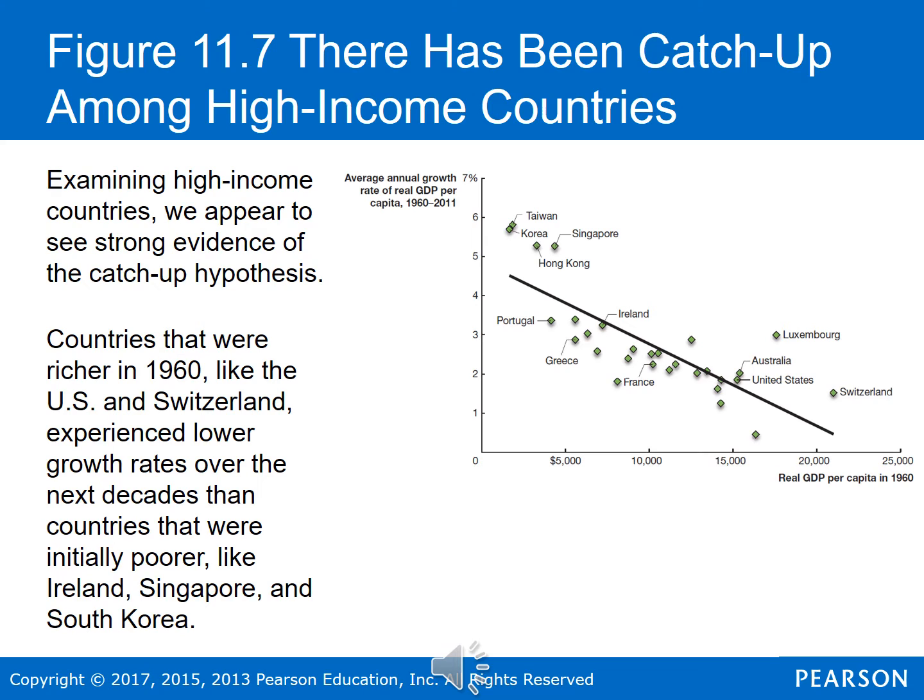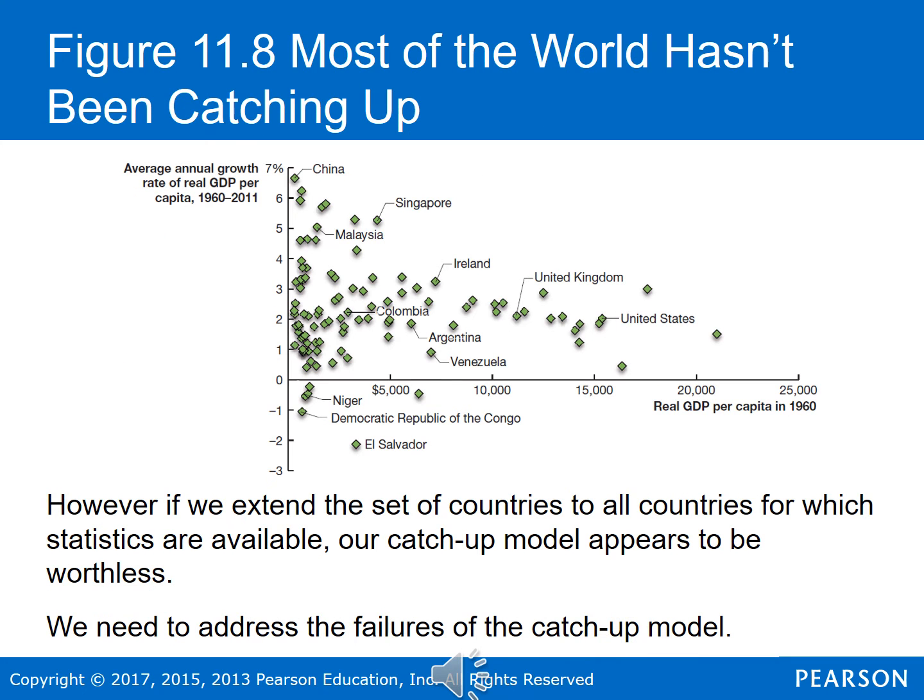And countries like Switzerland, New Zealand, and the US that had the highest incomes in 1960 grew the slowest. So we saw that for high-income countries since the 1960s, it's pretty much conformed to our very simple figure on the previous slide of that catch-up line. If catch-up was occurring, that's what should be happening, and that's what we saw happen.